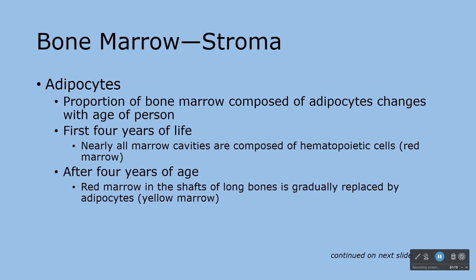So most of the bones, most of the cavities of the bones are red marrow. Okay, so they're producing cells. But then after about 4 years of age, they start reducing the amount of red and replacing it with yellow, okay, which is that adipose tissue. And then by the time they're about 12 to 15 years old, they have very little red marrow except in the places that we talked about, okay?